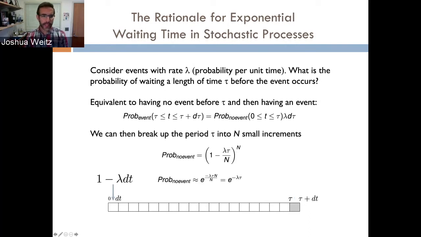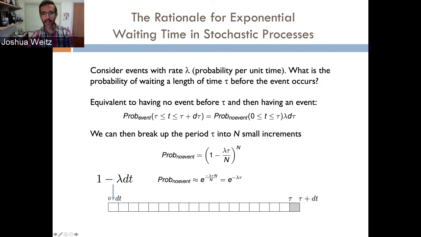What we can do is break up each one of these little time increments, imagining that we have a total time tau dividing by n into n small increments. So we have a very small period of time, d tau, tau over n. We multiply by this rate lambda. That tells us the probability of an event. 1 minus that says no event happened. So we have no event happening in each one of these increments, and we have to multiply each one of these probabilities n times.